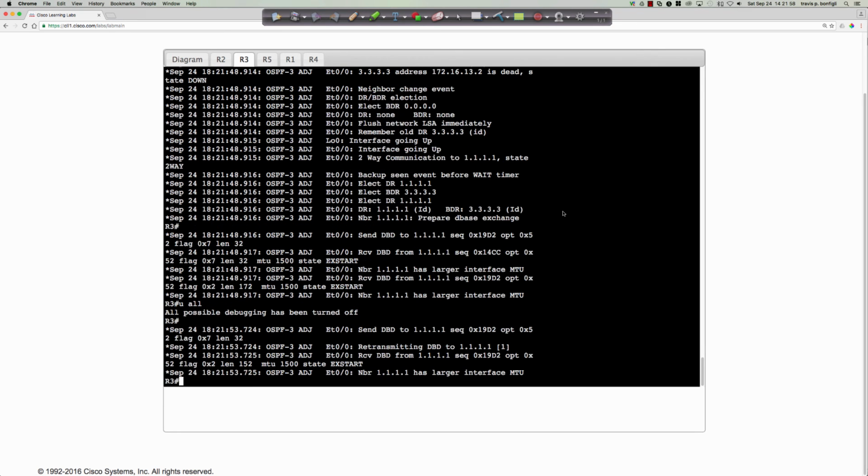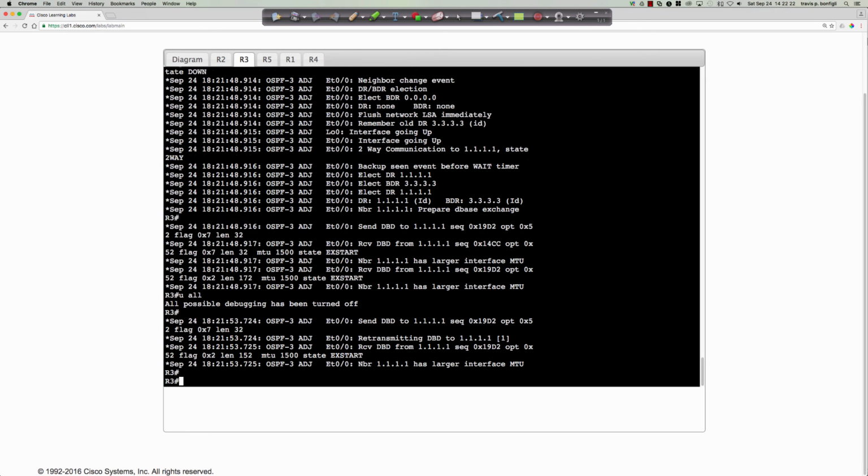So what we see right away is neighbor has larger interface MTU, right? And we know that the MTU on that interface is 1500. You can see received database descriptor from 1 with a sequence number that's being tracked, options flag, the length, MTU 1500, state is EXSTART.